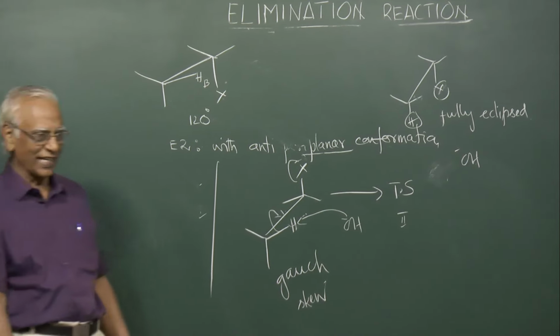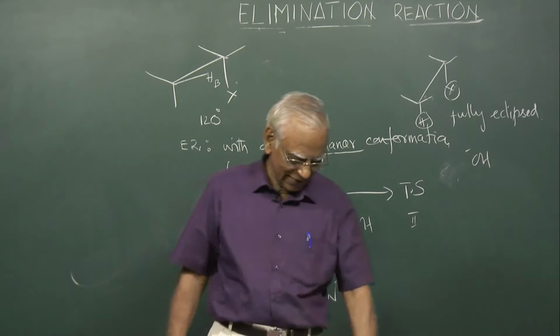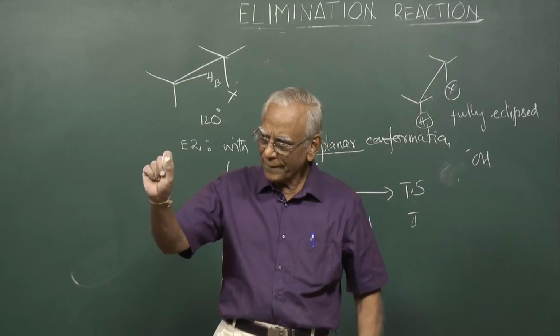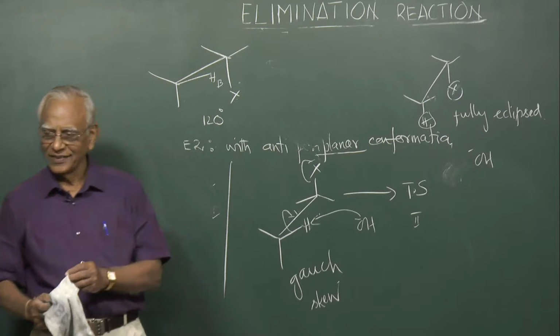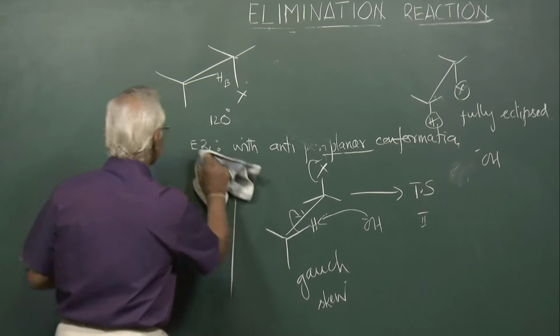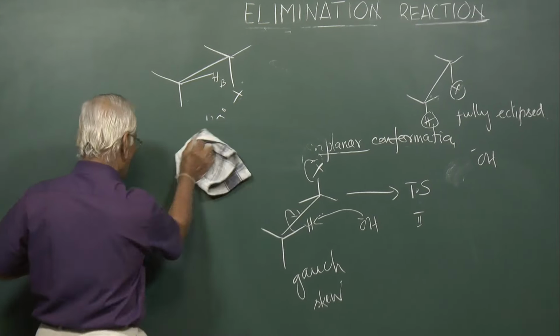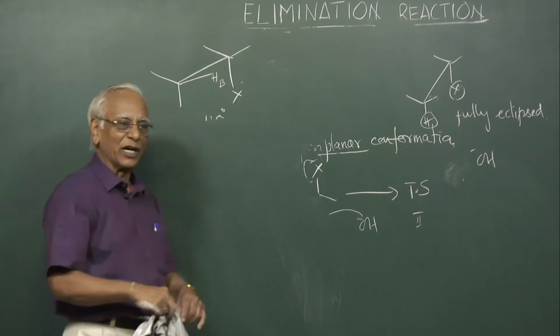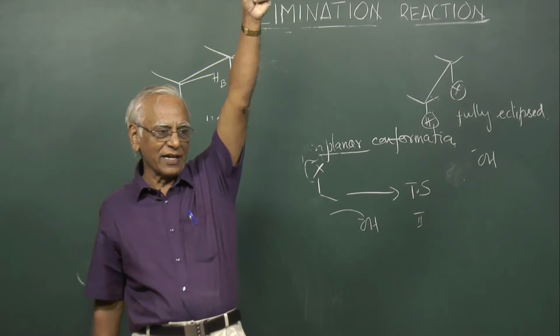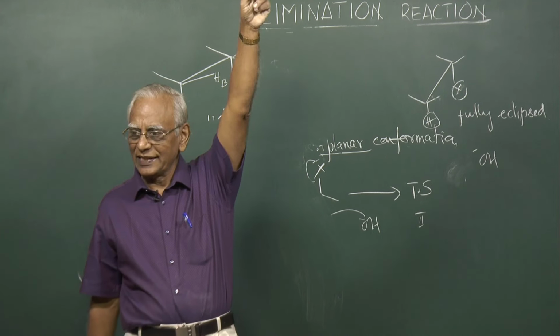Increasing order of reactivity in terms of dihedral angle. Anti-periplanar conformation. You get the required conformation only when the dihedral angle is 180. That is why it is called anti.